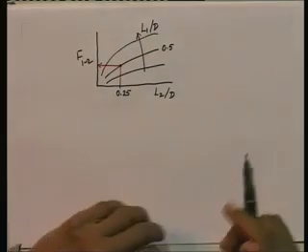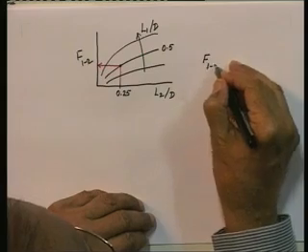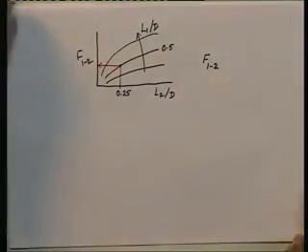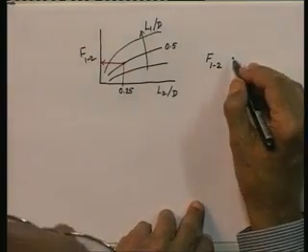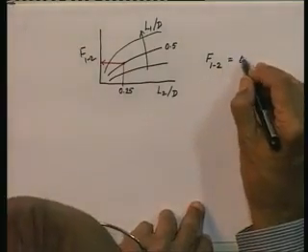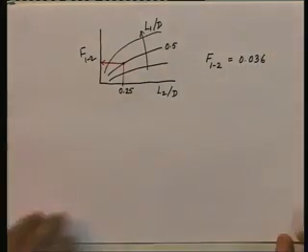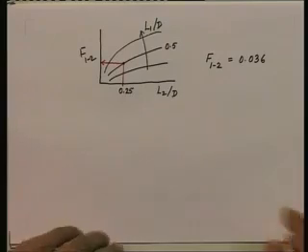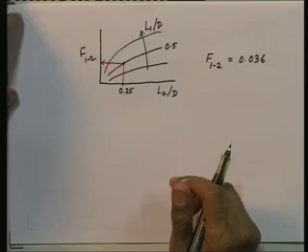And in this particular case, if you look up the graphs, which I want you to do on your own, go to any textbook, any of the references that I have given you, you will read off the value of f 1 to 2 in this case to be 0.036.